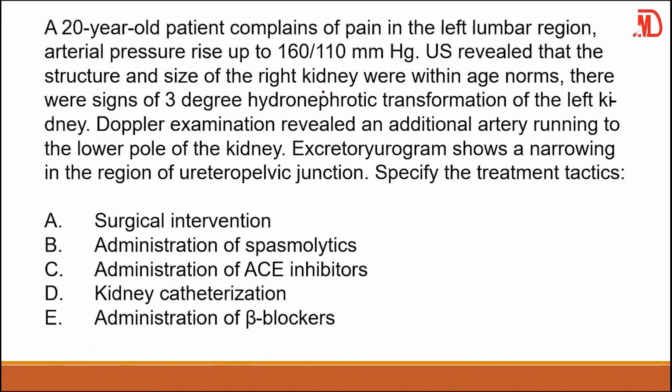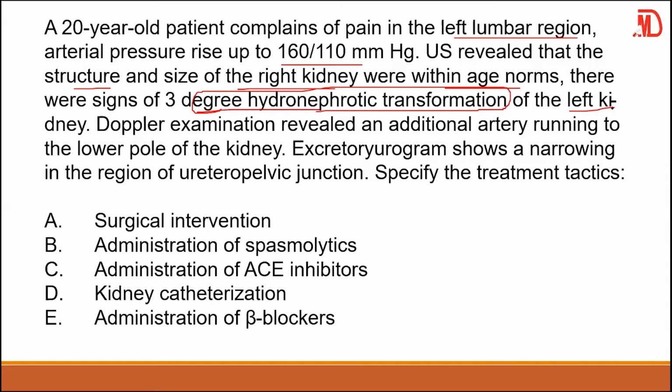A 20-year-old patient complains of pain in the left lumbar region. Arterial pressure 160, 110. Ultrasound revealed that the structure and the size of the right kidney were within age norms. So kidneys have no problem. There were signs of third-degree hydronephrotic transformation of the left kidney.